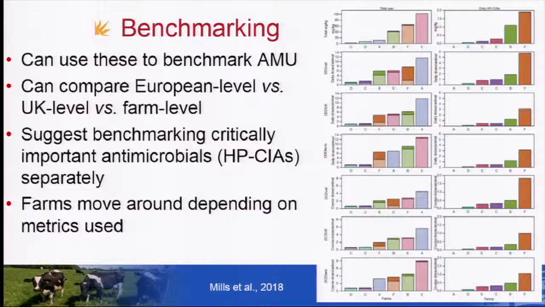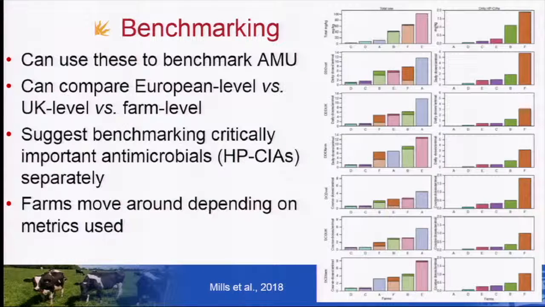Something else I need to say is that the graphs on the right are just about the highest priority critically important antimicrobials, which the European Medicines Agency considers to be third and fourth generation cephalosporins and fluoroquinolones. We believe those should always be benchmarked separately. If we use something like milligrams per kilogram and you were just trying to lower your milligrams per kilogram to the lowest possible, if you use fluoroquinolones, you have very low milligrams.